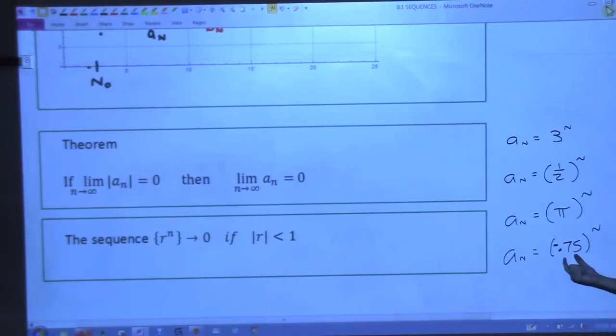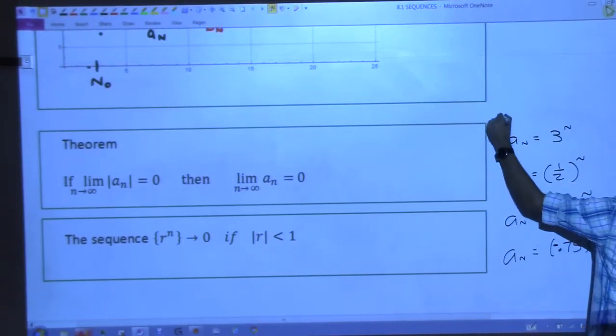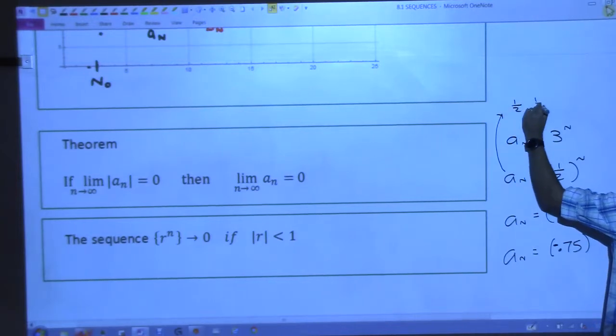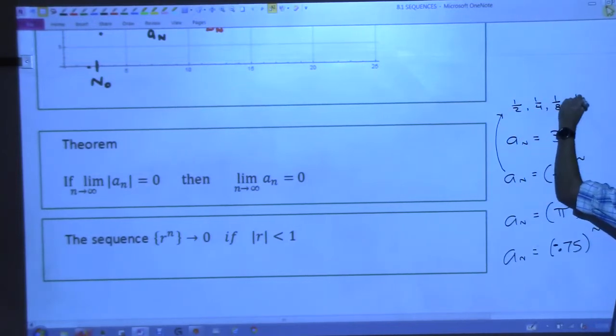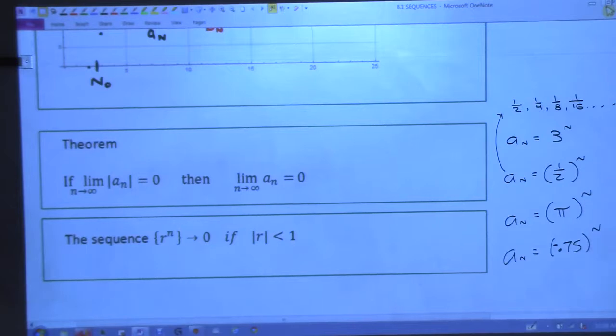If the absolute value of that number is less than 1, this converges. You can see it by thinking about what this sequence looks like. It's 1/2, 1/4, 1/8, 1/16, right? That's what's happening with this one. And so that's basically 1 on top, and the bottom gets bigger, goes down to 0, right? Same thing would happen here. It would be switching between positive and negative, but they'd be getting smaller.